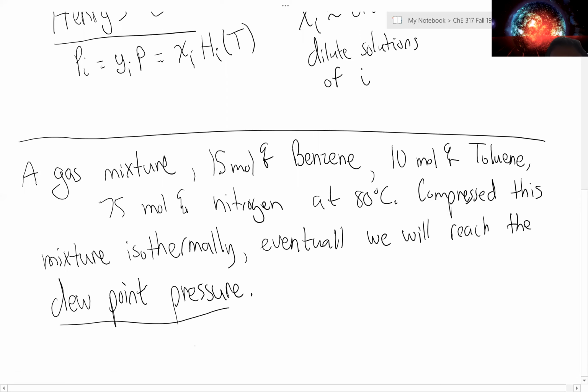The dew point pressure is similar to the dew point we've discussed previously, but it's the pressure at which the first droplet of liquid forms in this gas if it's compressed isothermally. So if we compress this mixture, eventually we'll reach the dew point pressure of the mixture.